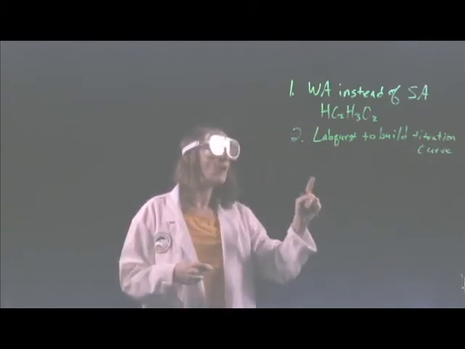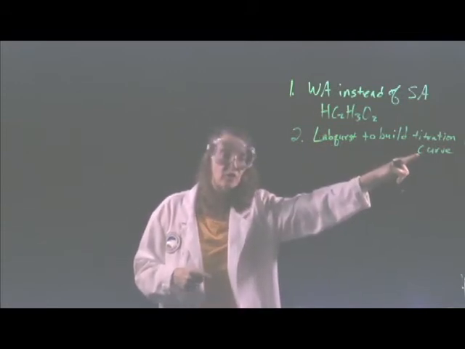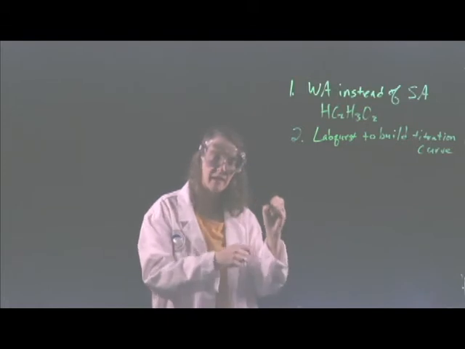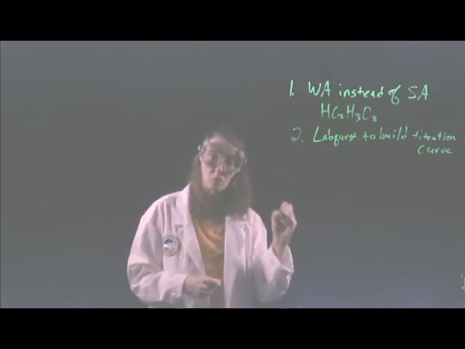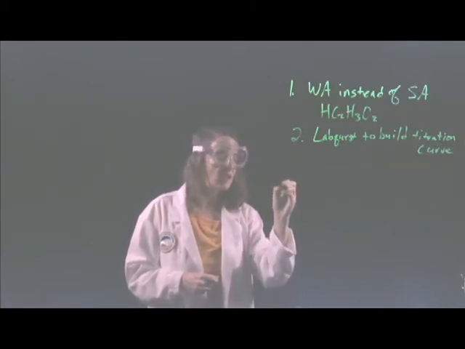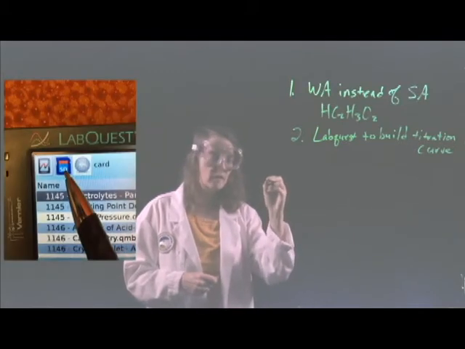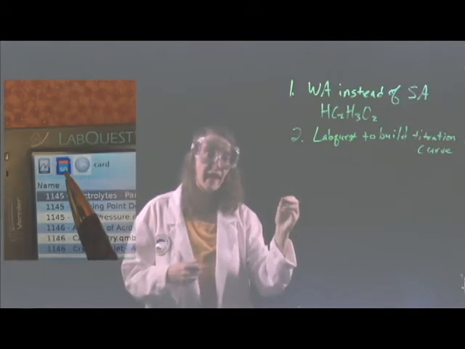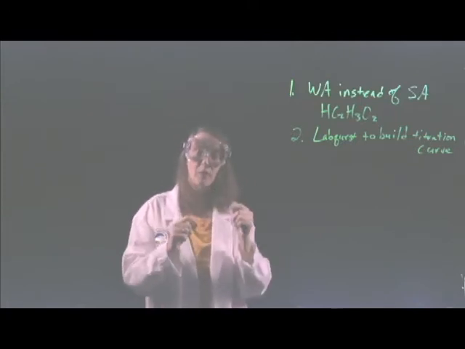One important point is that when you get to the titration curve and you need to get a file off of the LabQuest probe, make sure that you really get the file off the SD card. There's a little symbol SD at the top of the LabQuest device, and if you don't see that, that means that the SD card is either missing or is not seated appropriately.